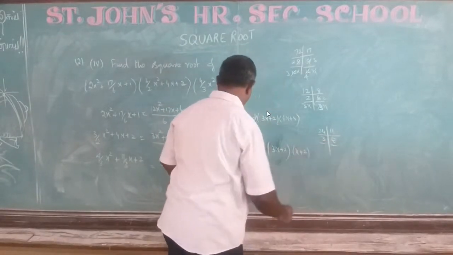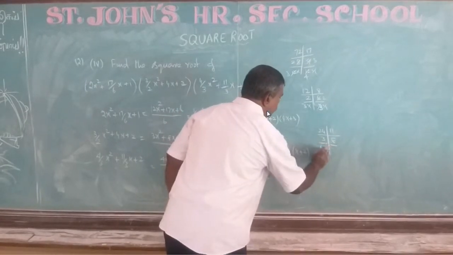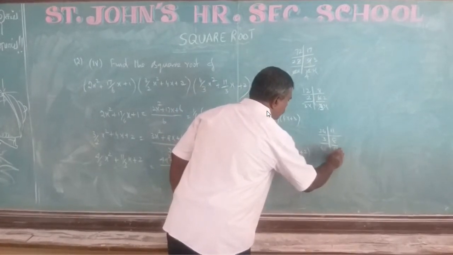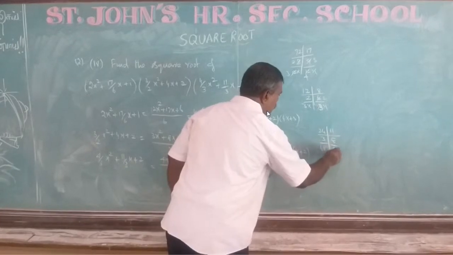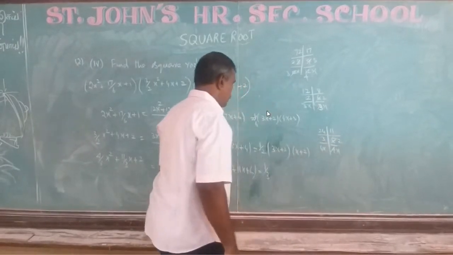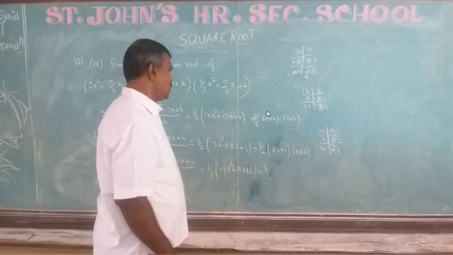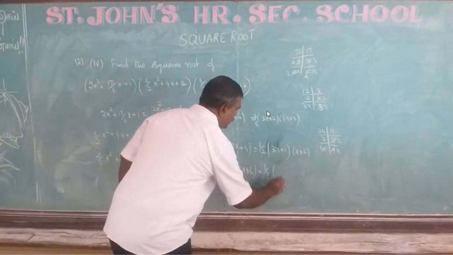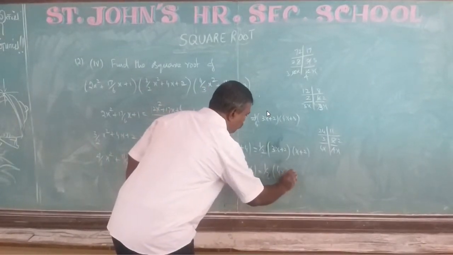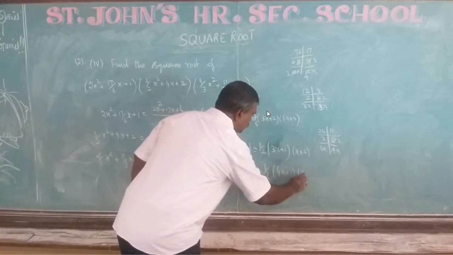Divided by the first value 4x, the factors are (4x plus 3) into (x plus 2).